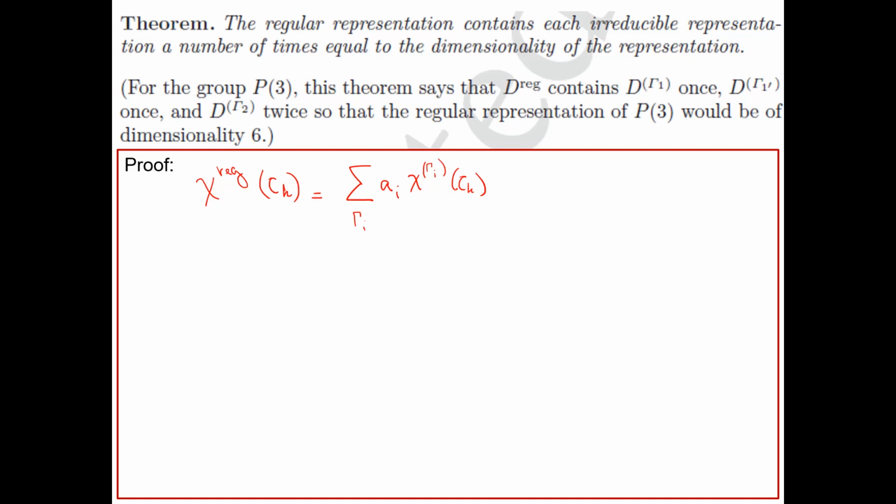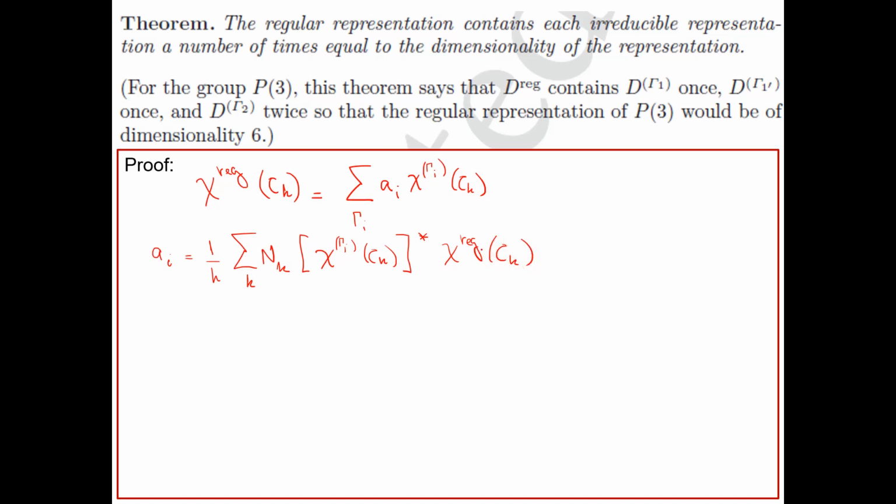Okay, so we have already shown that a_i is unique, and we have explicitly calculated a_i as 1 over h, sum over all classes, number of elements in each class N_k, times chi gamma_i of C_k complex conjugated, times the character of the regular representation for the same class C_k.